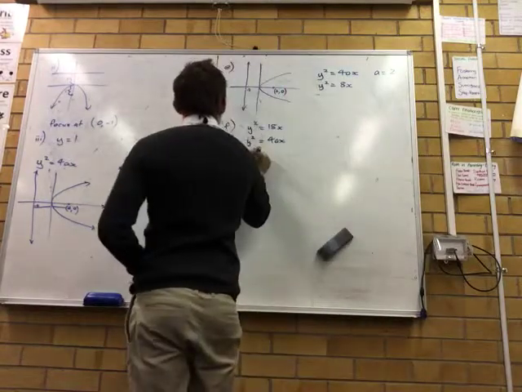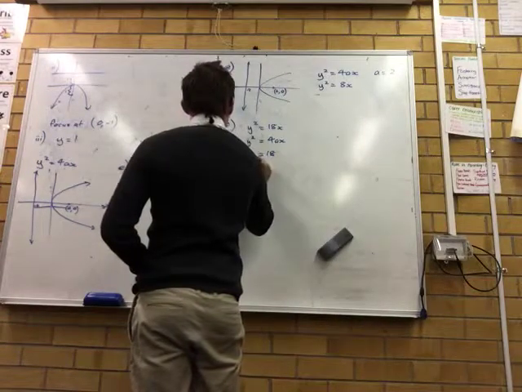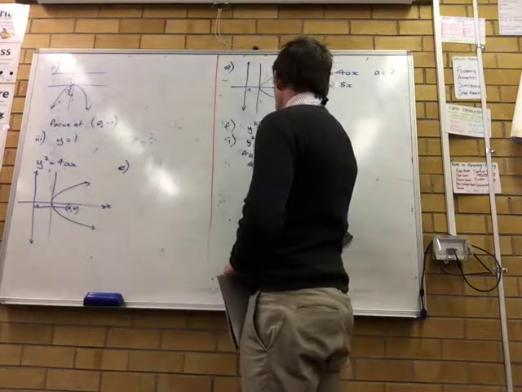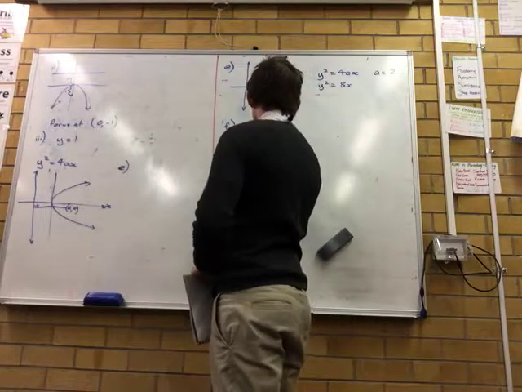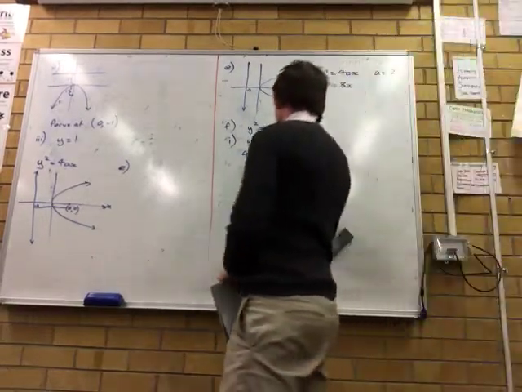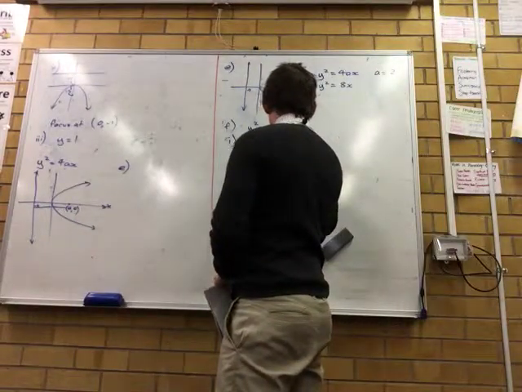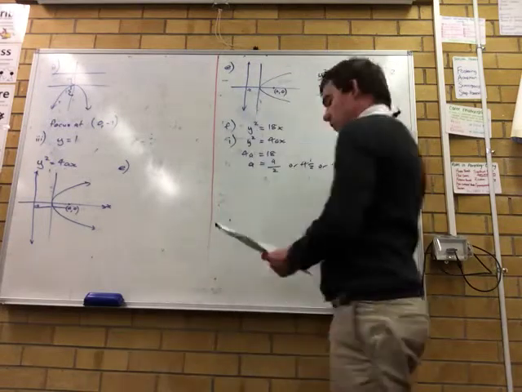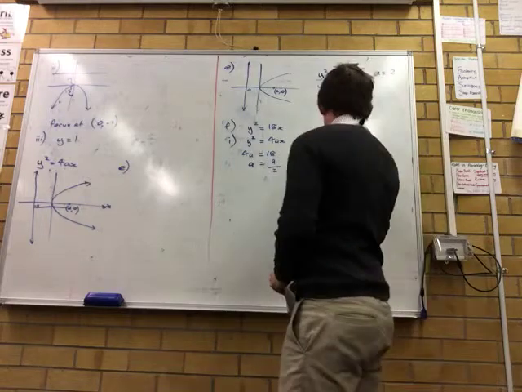So 4a equals 18. 18 over 4 is 9 over 2. Remember the fraction simplified, or you can say 4.5.